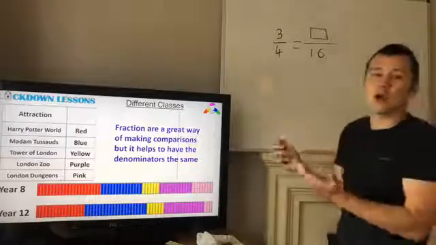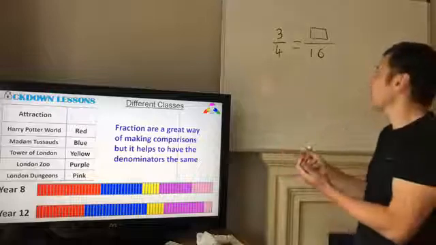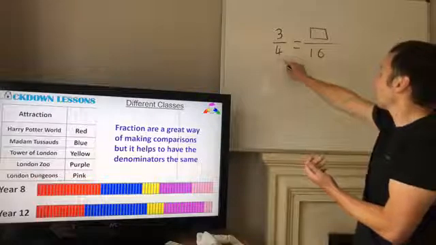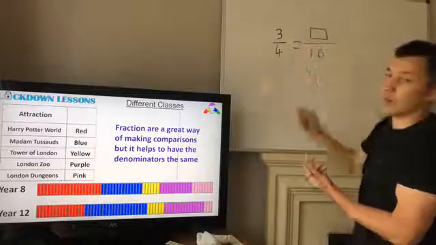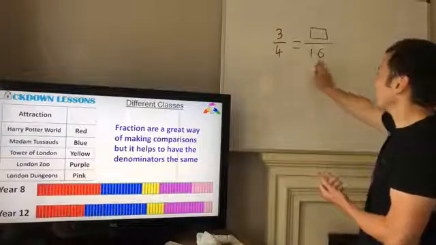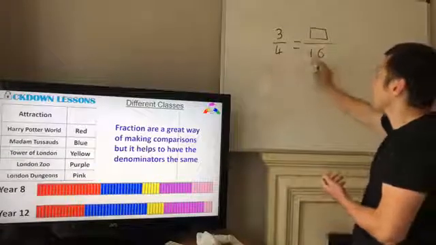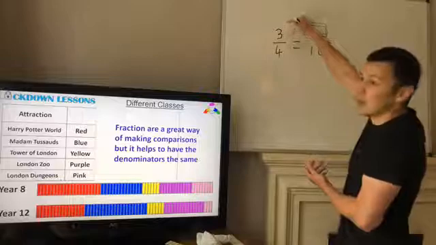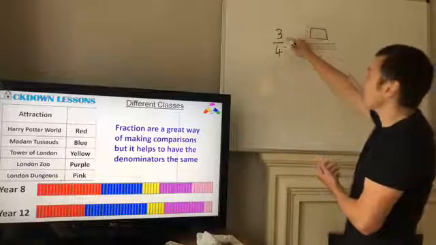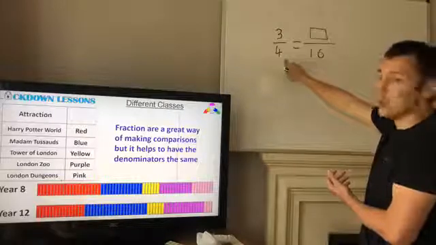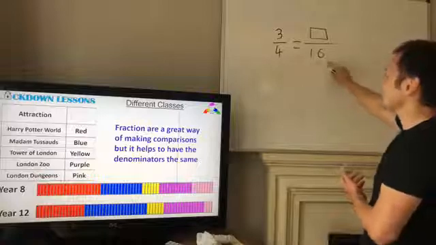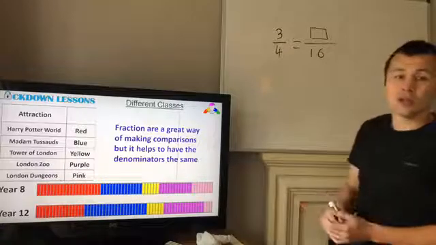Okay, and this is like your golden rule for equivalent fractions. Whatever we times the bottom by, we times the top by, because we're changing the class size, we're going to change how many people like London Zoo. So if 3 out of 4 people like London Zoo, how many people out of 16 would like London Zoo?